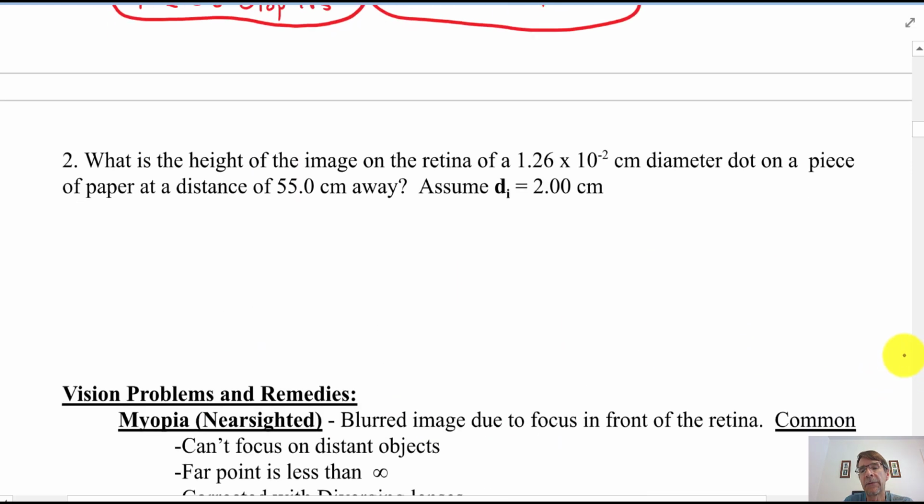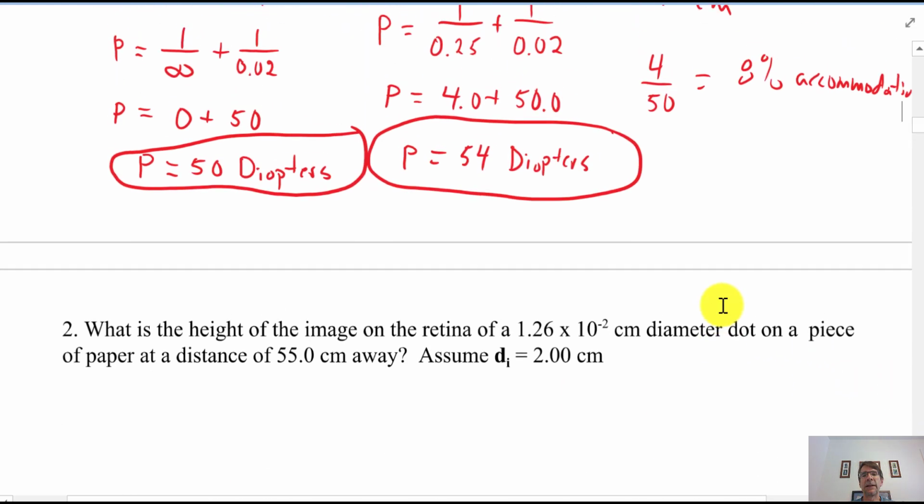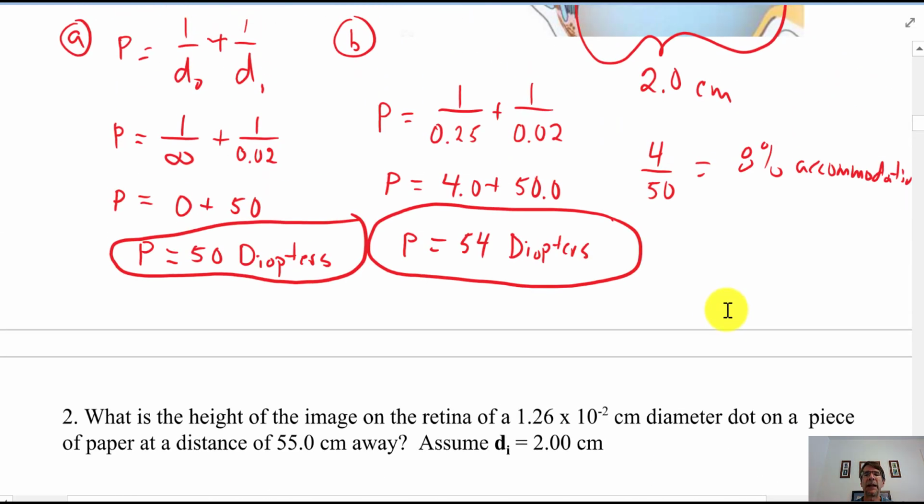That's what a healthy eye basically can do. If your eye's not healthy or strong enough, maybe you can only do 4% or 6%. Or if you have good eyes, a 10% accommodation, because your near point's even closer than 25 centimeters.